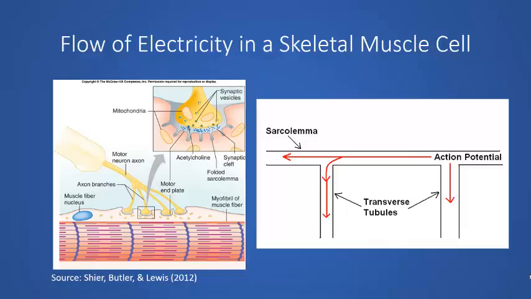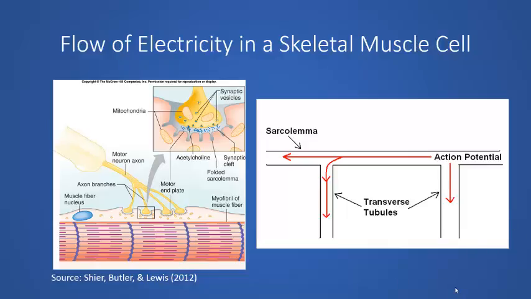The thing I want you to understand is that the electrical signal does not travel in a straight line. As the signal travels along the muscle cell membrane and crosses over those transverse tubules, the signal can spread, continuing in its normal path and going down the transverse tubules deeper down into the muscle cell.